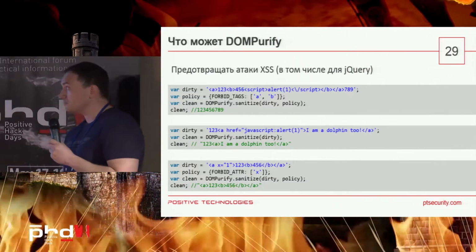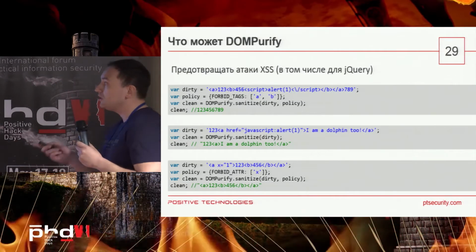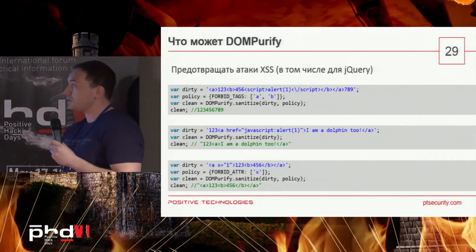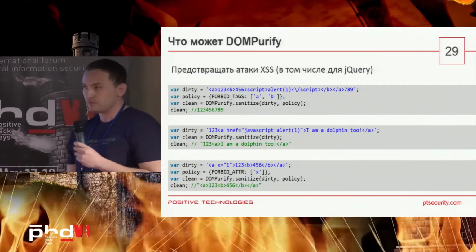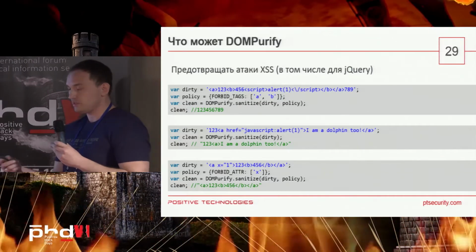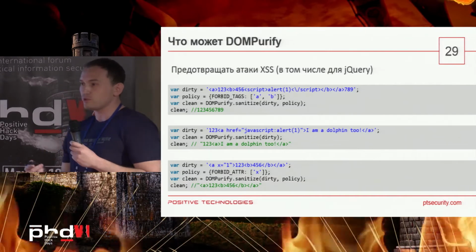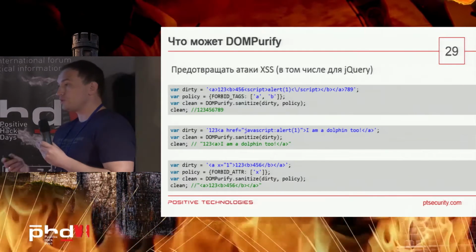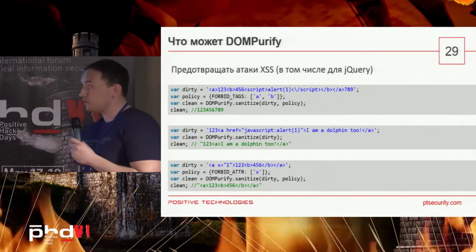What can DOMPurify do? It can prevent XSS attacks. At the input we have a dirty line, which is exactly the HTML that will be generated by the user. For instance, if you have a built-in editor in your application where the user can generate it, well, this is exactly what it's designed for.